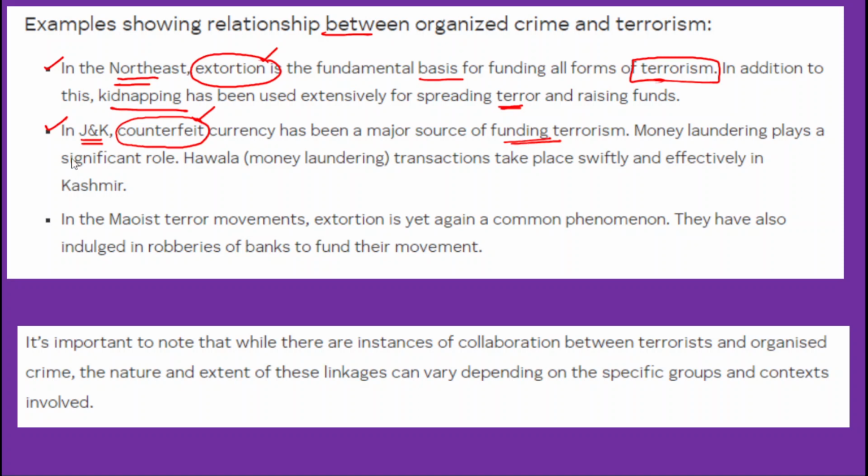In this context, money laundering plays a very important role. How does money laundering take place? Through hawala transactions. Okay, so hawala is another form of money laundering. These hawala transactions take place swiftly and effectively in Kashmir, and have been funding terrorist activities and even radicalizing the local youth.